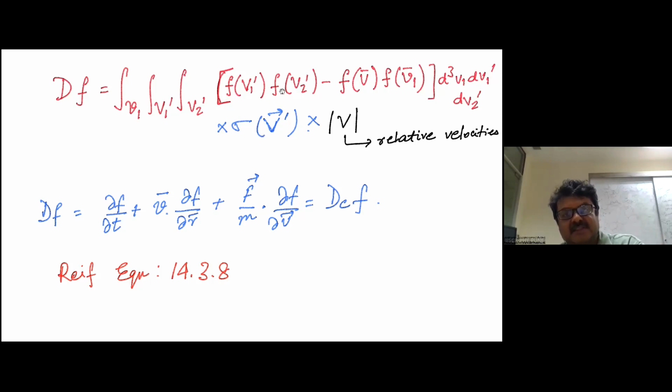This is an increase. This is the scattering cross section, which remains the same for identical combinations of v1 dash, v2 dash, and v1, and of course v. And this is the relative velocity, because so many particles.